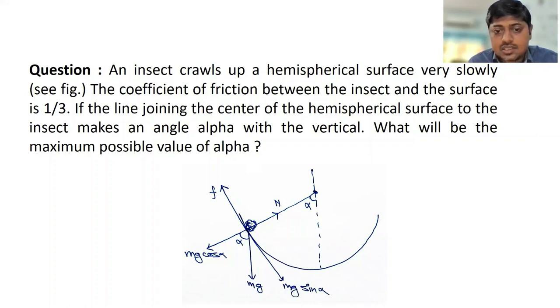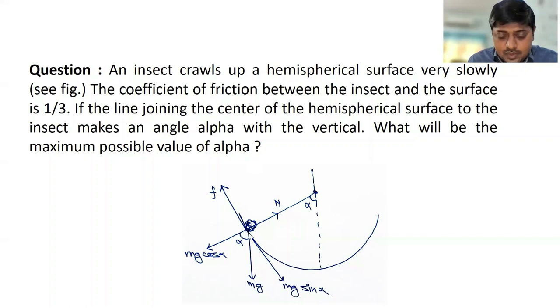This is mg sin alpha, and this force is basically trying to pull it down. So because of this force, it can fall down. But at the same time, there is one force due to the friction. This will be acting in the opposite direction, and it will not let the insect fall down.